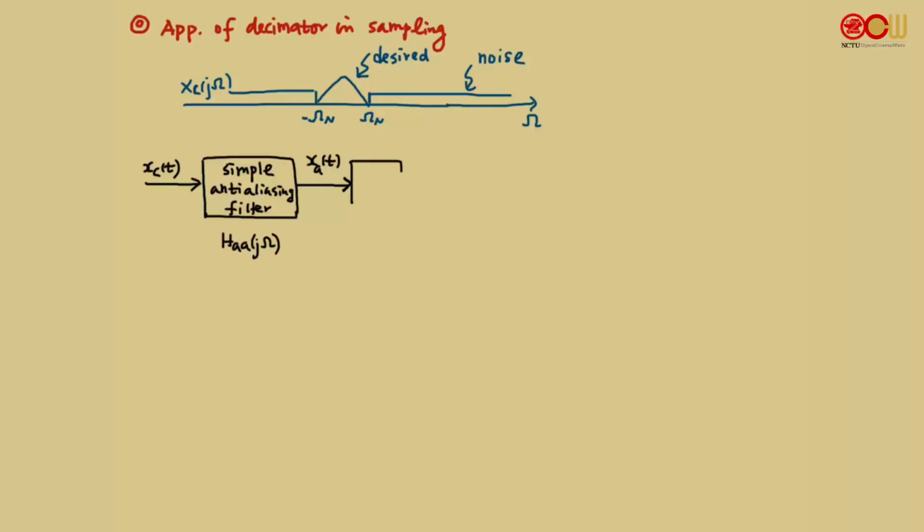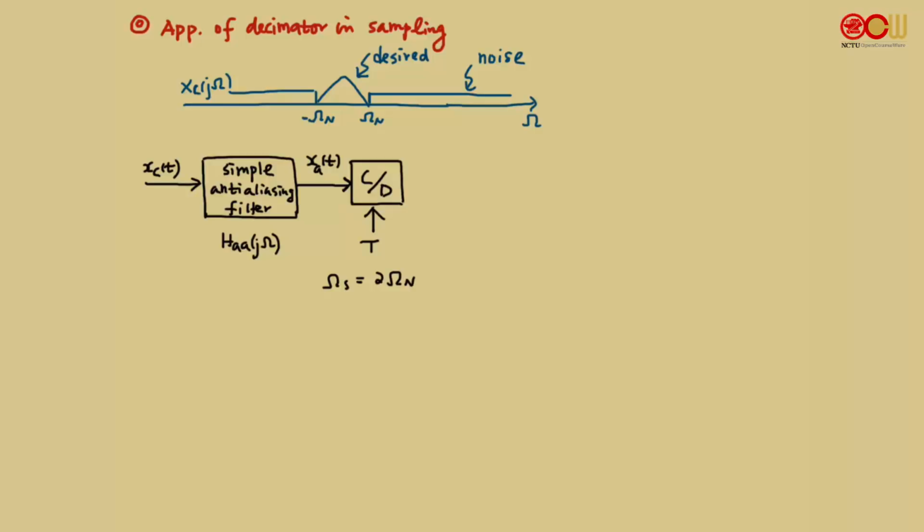And when we sample, we use T, and how is T determined? Originally, omega s is 2 times omega n, right?